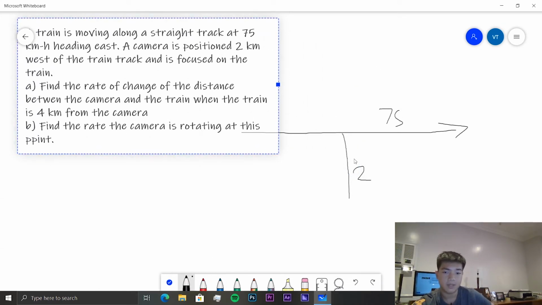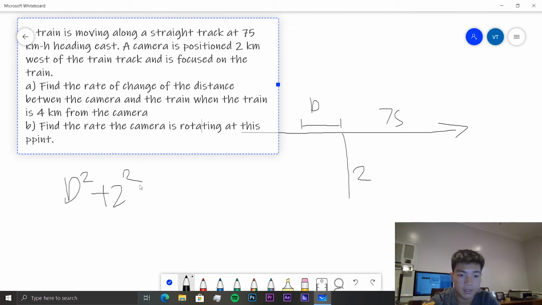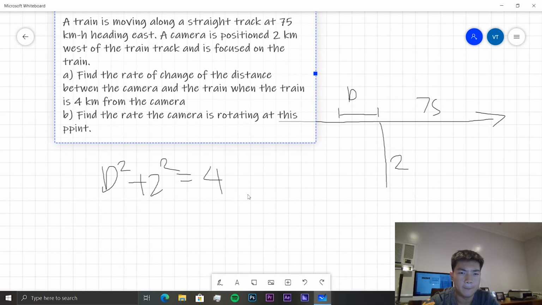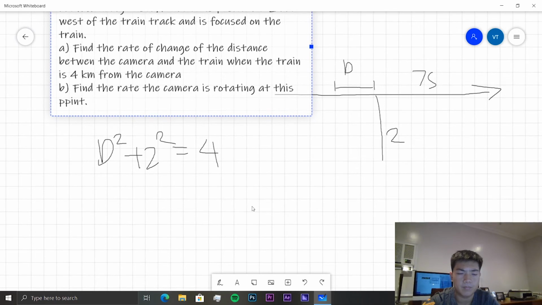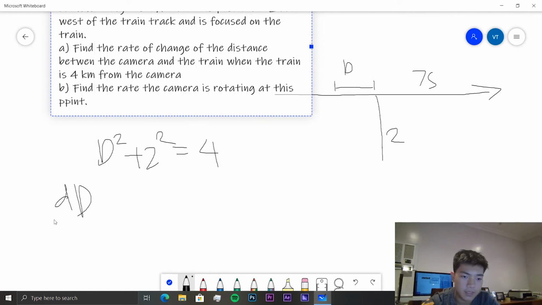Yep, okay. So when the train is 4 kilometers from the camera, let's label this distance d again. So we know that d squared plus 2 squared is equal to 4. And of course dd over dt is equal to 75.